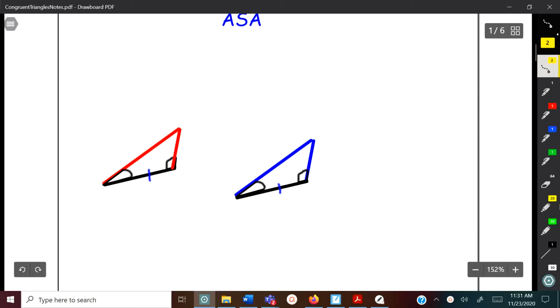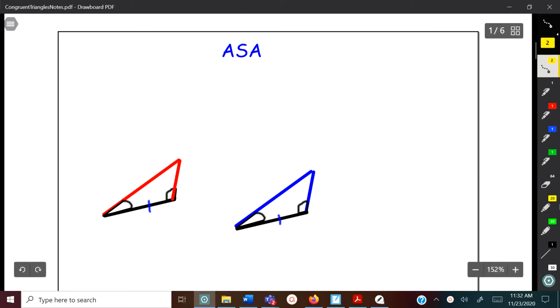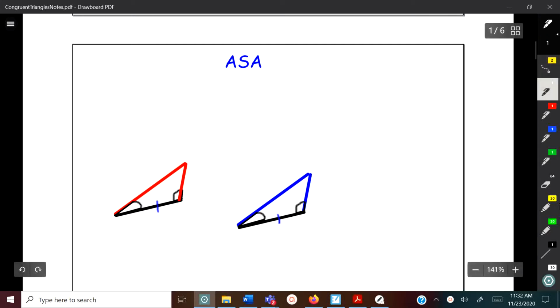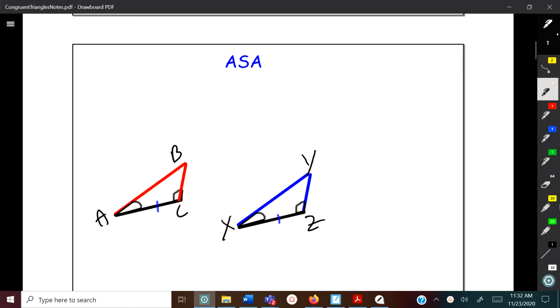In this example, this is called angle, side, angle. I'm going to put some letters on this one too: A, B, C, and X, Y, and Z. They have this funny looking curve here. Usually you get two curves, just like you get two tick marks.